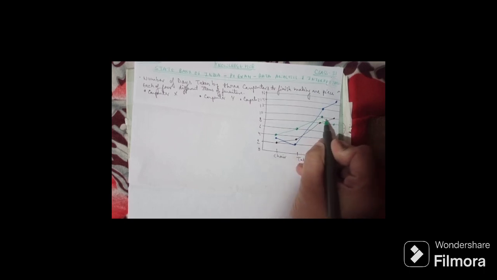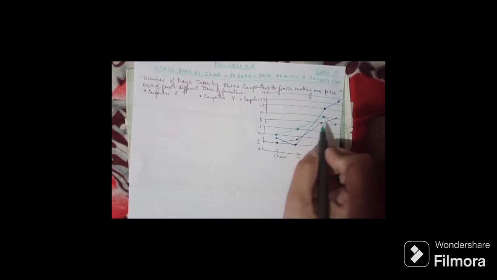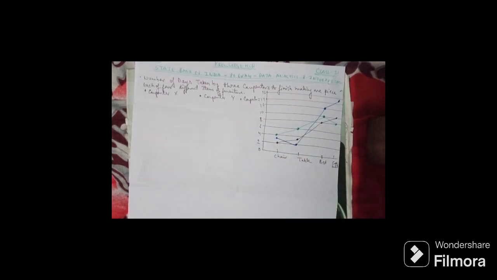And for cupboard it is 8. So these are the 3 graphs for carpenter X, carpenter Y and carpenter Z.